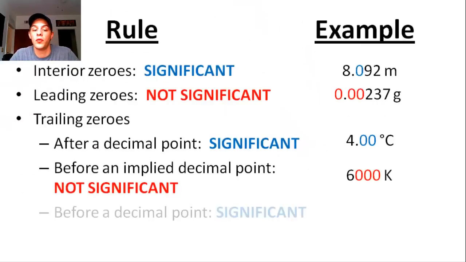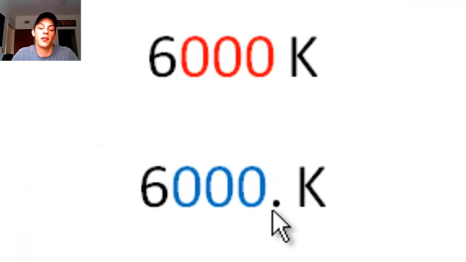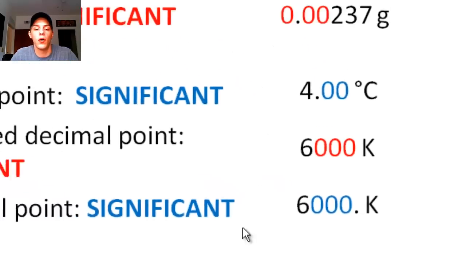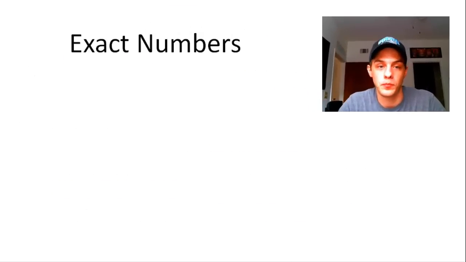Now, if trailing zeros occur before an actual decimal point that is shown, then they're significant. So if I have 6,000. Kelvin and the decimal point is actually shown here, now these three zeros can be considered significant. So there are all the rules on how to determine whether a zero is significant or not, and remember that non-zero digits are always significant.